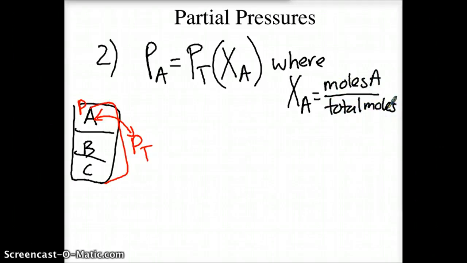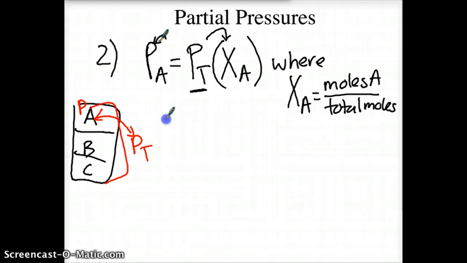So just think about this conceptually. What this tells us is the total pressure of a gas times basically some fraction of the total moles is going to give us the pressure of that certain gas.